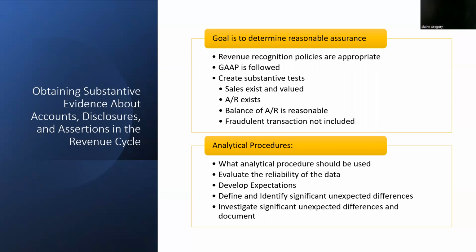So if we're looking at the revenue cycle, we want to take a look at the accounts, what's going on in the disclosures, and what management's assertions are. Do we have revenue recognition policies based on Topic 606 that are appropriate? Are they recognizing revenue at the appropriate level for the appropriate type of good or service they are selling? Is GAAP being followed? Sometimes we forget those little things.